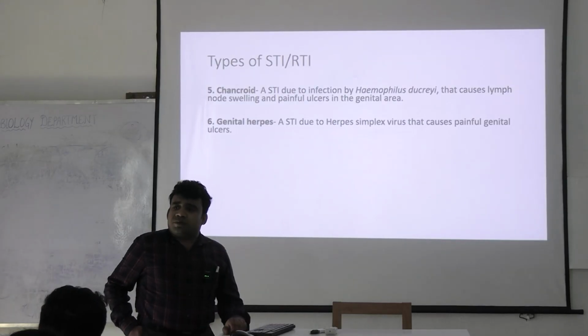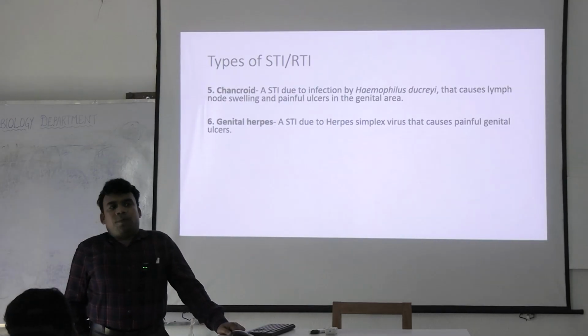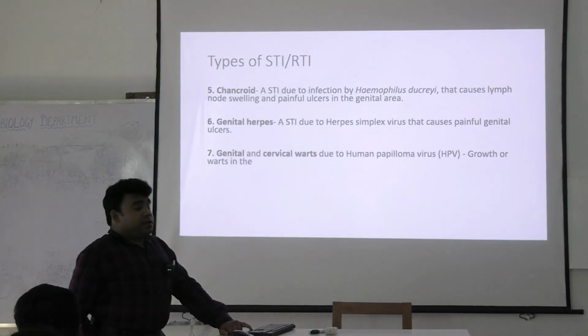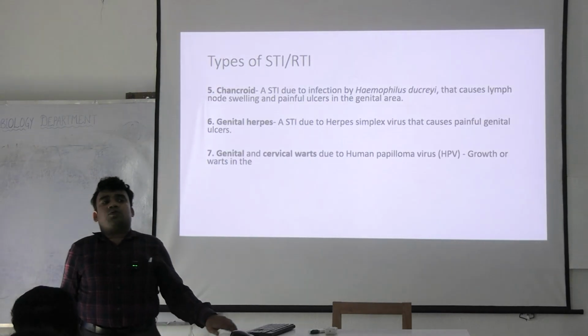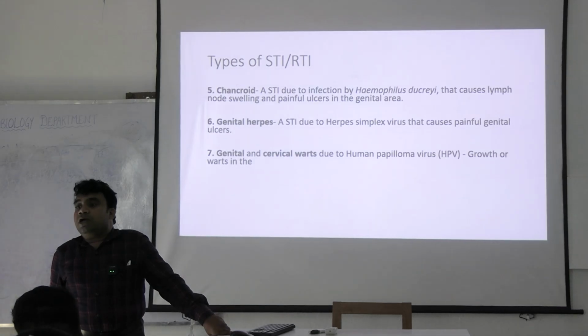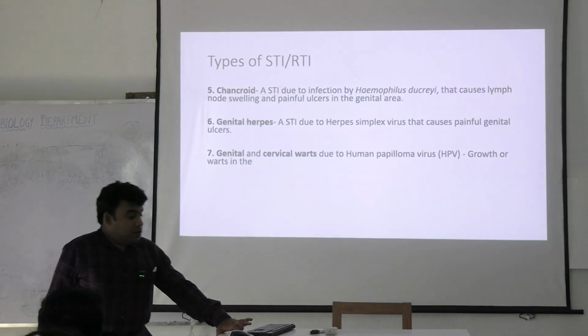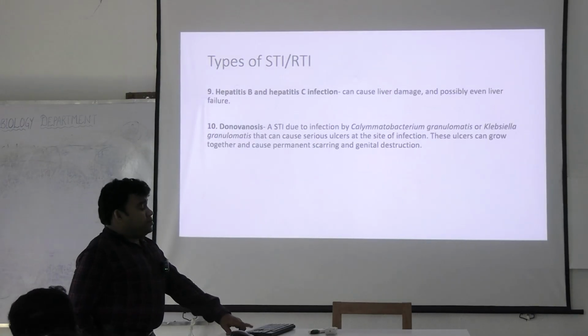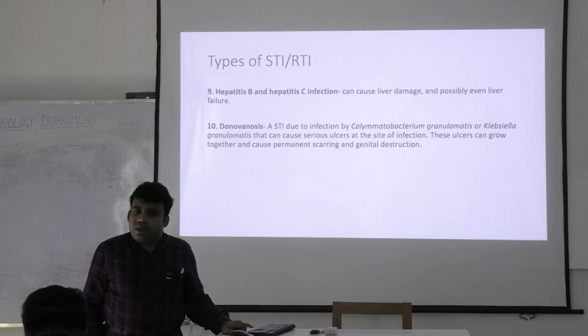Herpes, commonly caused by herpes simplex, predominantly type 2, though type 1 may also cause it. Then genital and cervical warts, most commonly caused by human papilloma virus. Good. Next, HIV, which you already know, and hepatitis B.